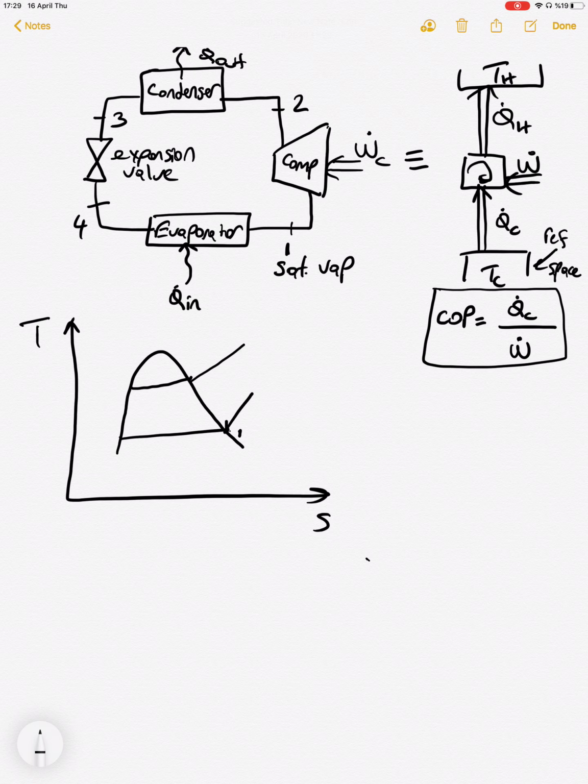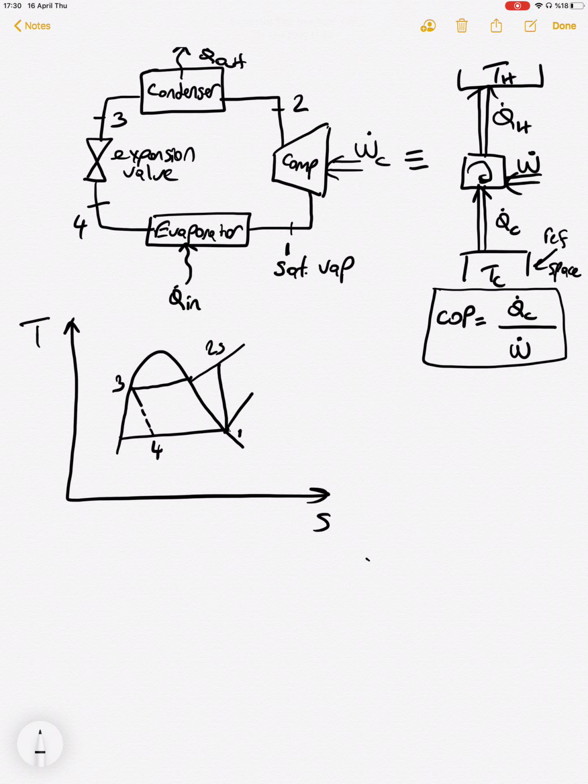Of course, we go to 2S, and then we go to 3 here, and the throttling process is an expansion at constant enthalpy. So we have two constant pressures here: one is the compressor exit pressure and the other is the evaporator pressure.